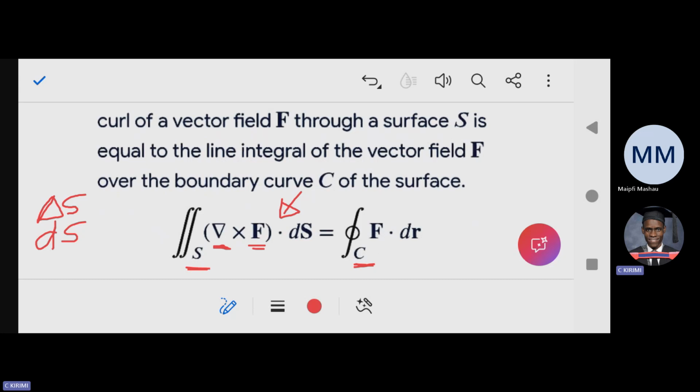So whenever they are talking of change in S, they're referring to dS. dr, change in r, that's what it means.